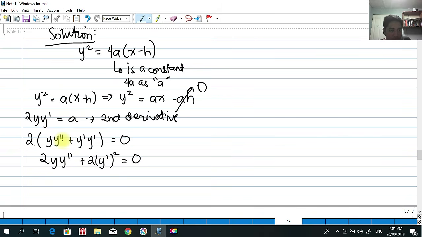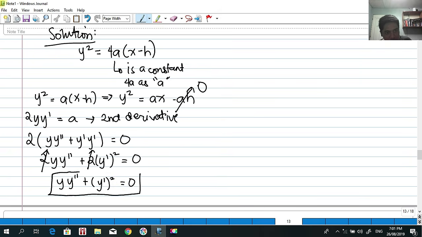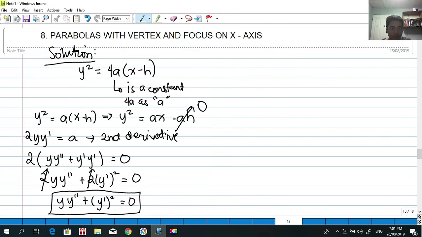And we can simplify this differential equation by cancelling out 2 so that we have the differential equation y times y double prime plus y prime squared is equals to 0. So this should be our differential equation for this problem.